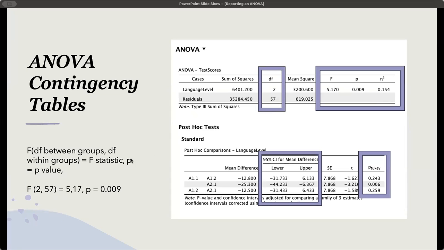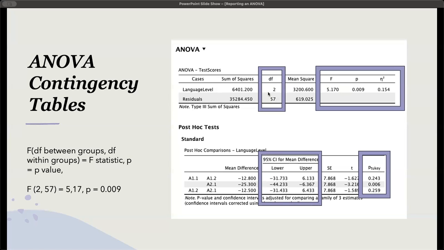Now, only looking at the formula on the left-hand side, we have F in brackets, the degrees of freedom for between groups, comma, degrees of freedom for within groups, equals the F statistic. Then we have a comma, the p, and then we have the p-value following. So it will either be equal to or less than if it's less than 0.001. So how does that look?